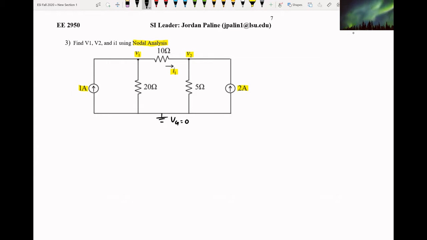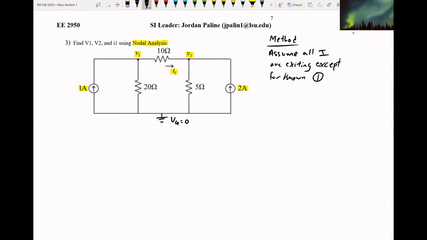And our method for multiple unknown points, I'll write up here: we're going to assume all currents are exiting except for known current sources.